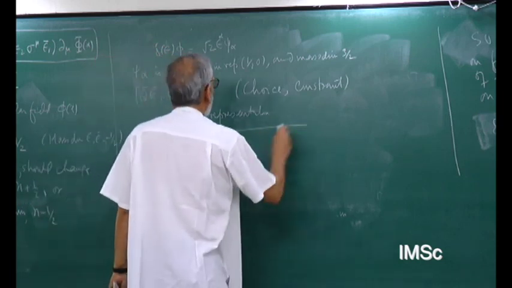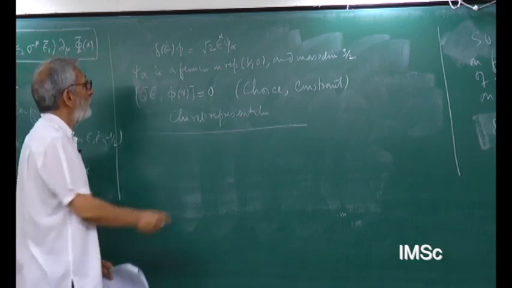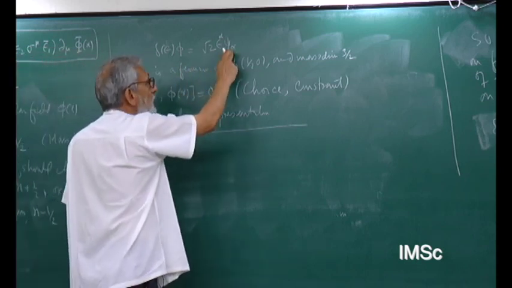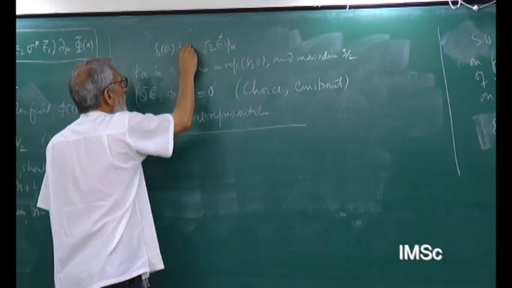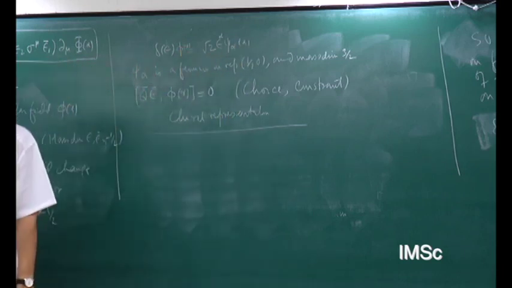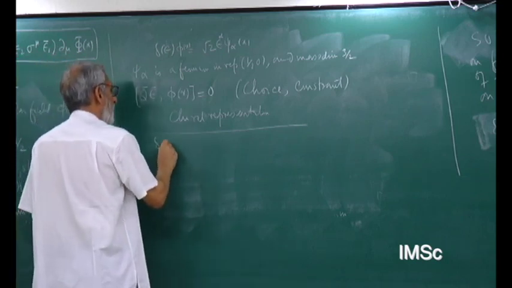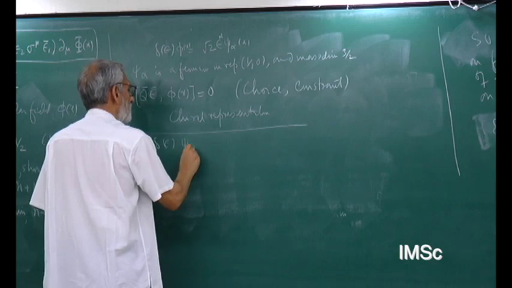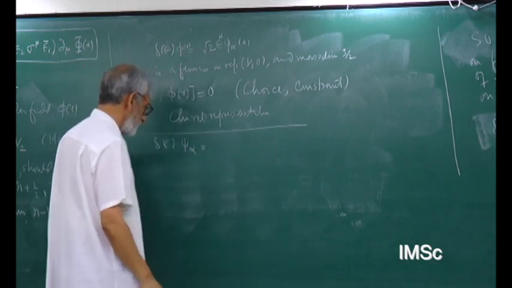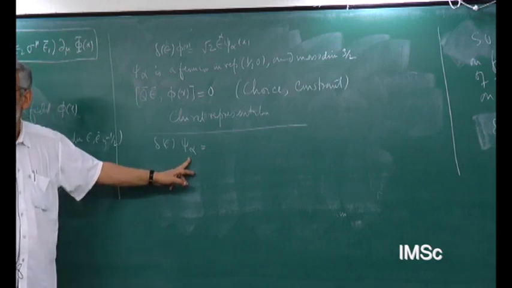Okay. Given that, I must now give you the change. This is phi of x. How does psi transform under supersymmetric transformations? So delta epsilon on psi alpha. Psi is mass dimension 3/2.